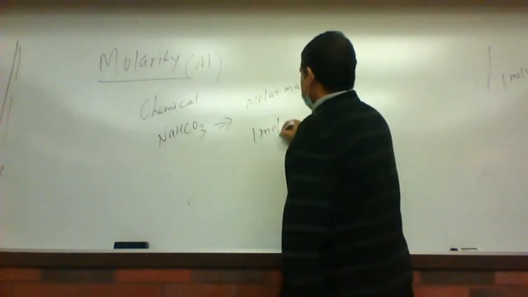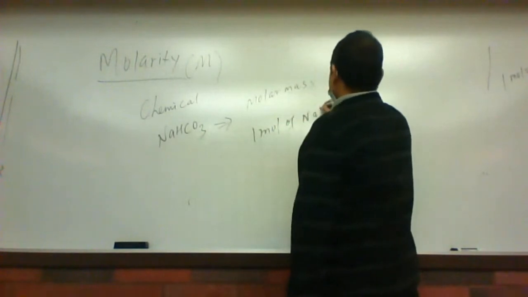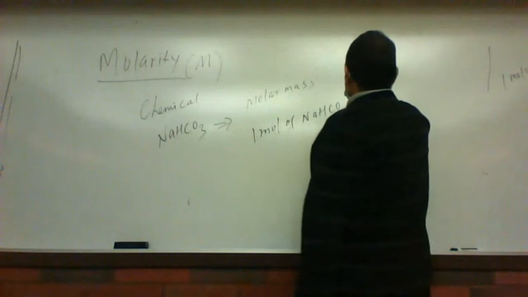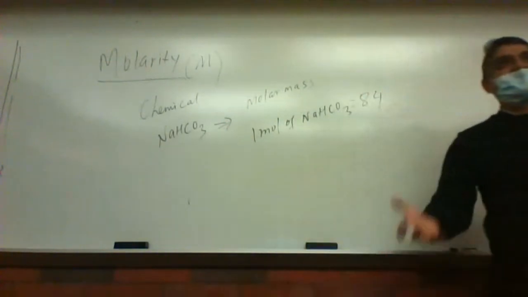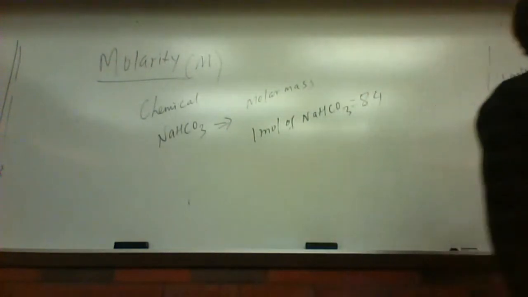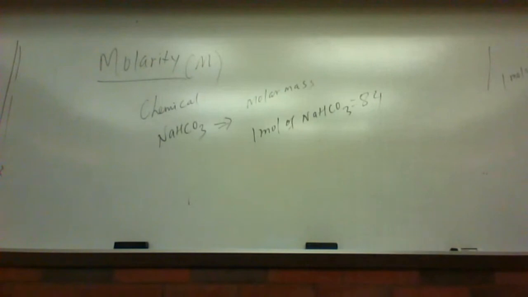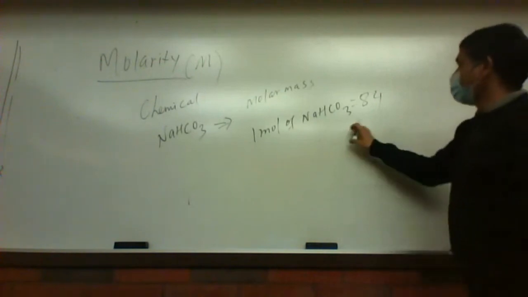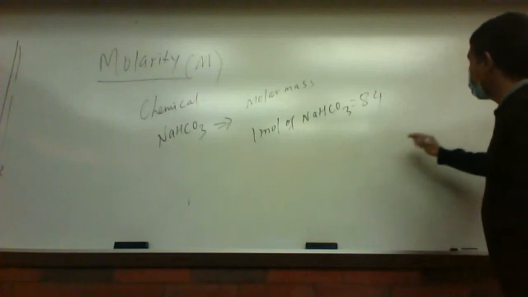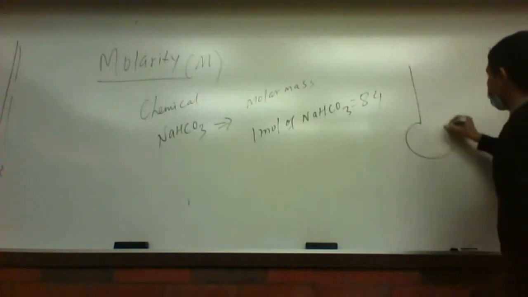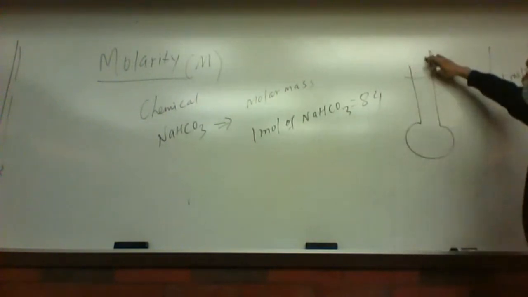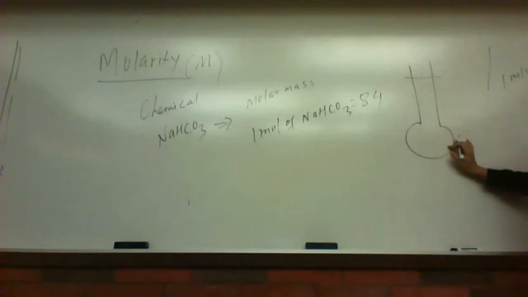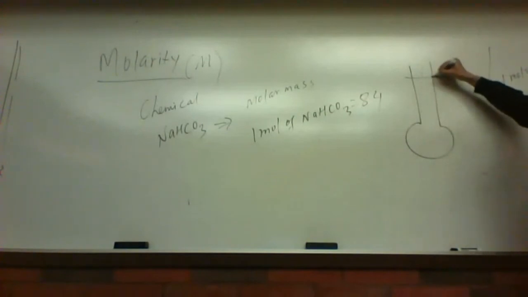So 1 mole of sodium bicarbonate is equal to 84. If you remember the exam, that was one of the exam problems, and pretty much everyone did it right. So what you should do is take a 1 liter vessel. This is a round bottom flask, and it has a mark here.